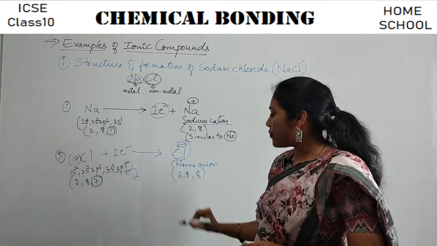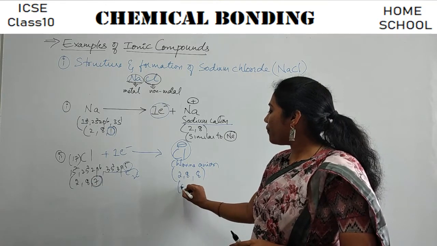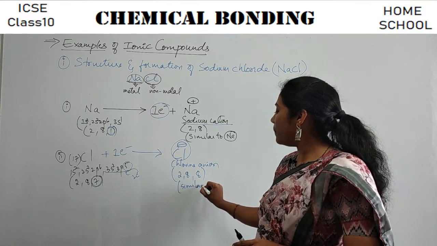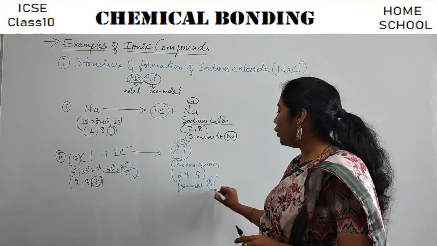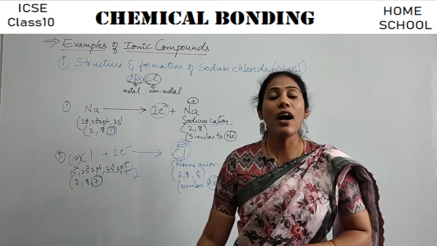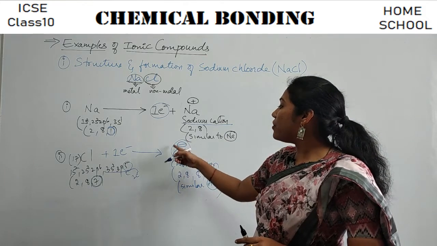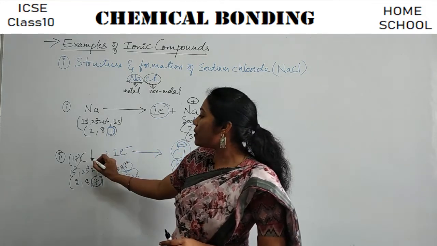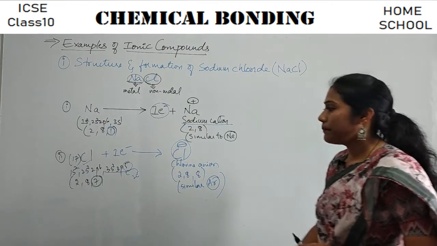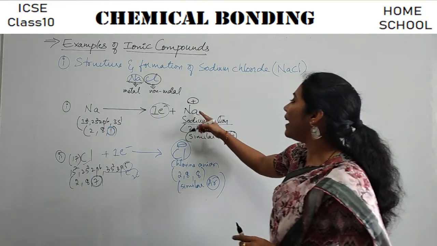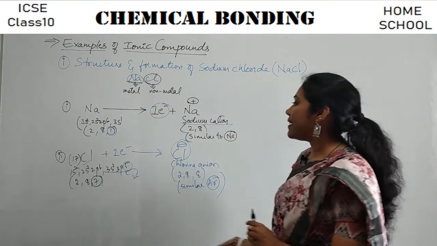This electronic configuration is similar to which noble gas? It is similar to the noble gas argon. Now Cl minus is the most stable form compared to single Cl. Clear everybody? So now you have Na plus and Cl minus.